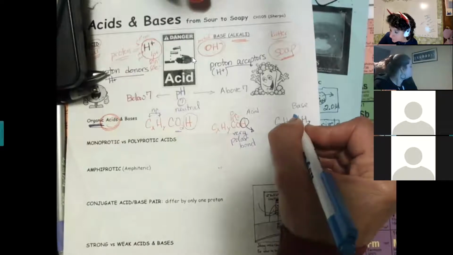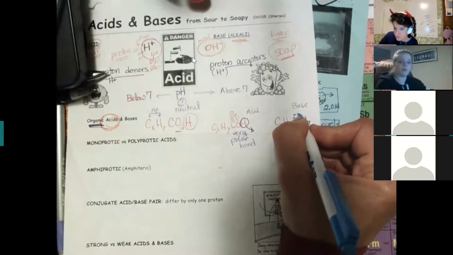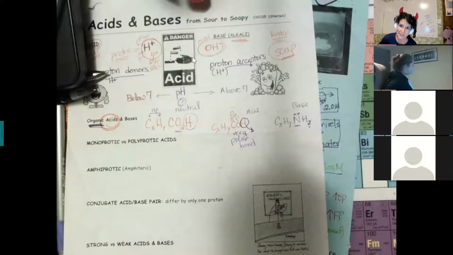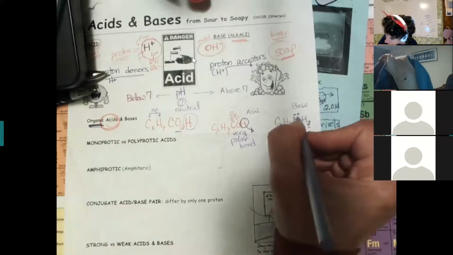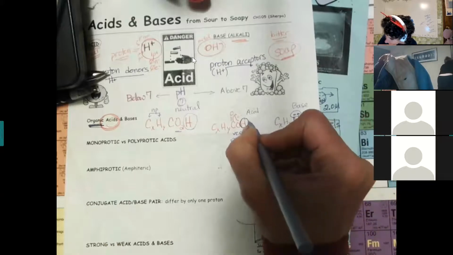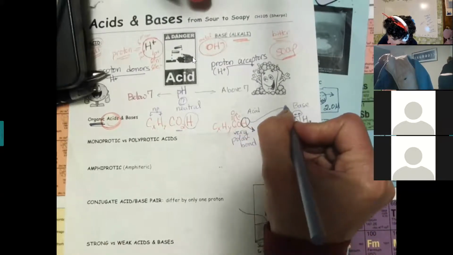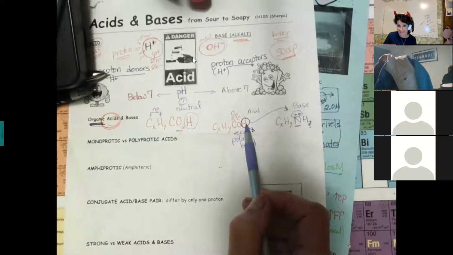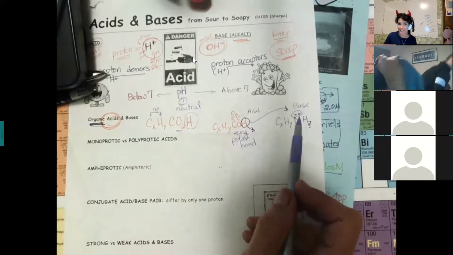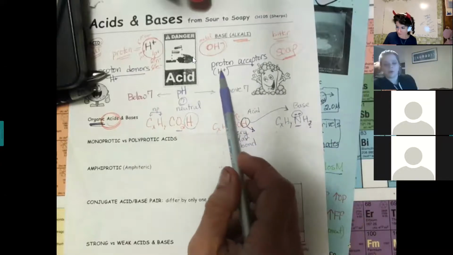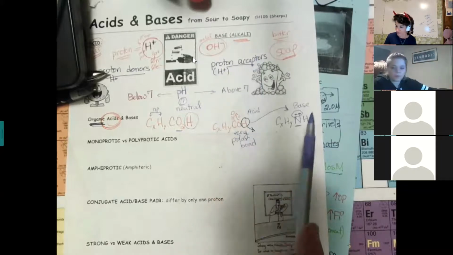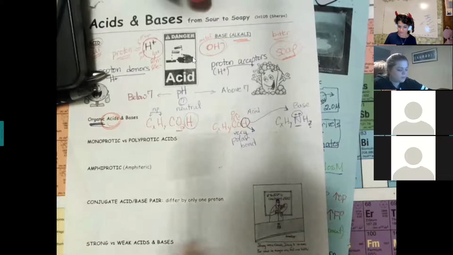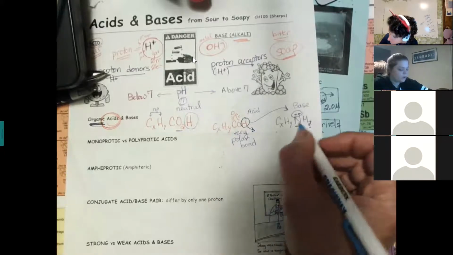These nitrogens, if you remember back to when we did Lewis structures, always had a lone pair of electrons. And this lone pair of electrons attracts that hydrogen ion. So if we go with the definition that a base is something that accepts a hydrogen, the lone pair of electrons attracts the hydrogen.